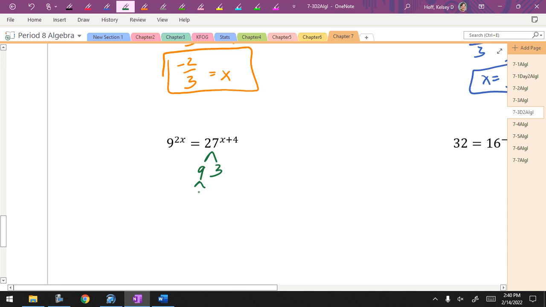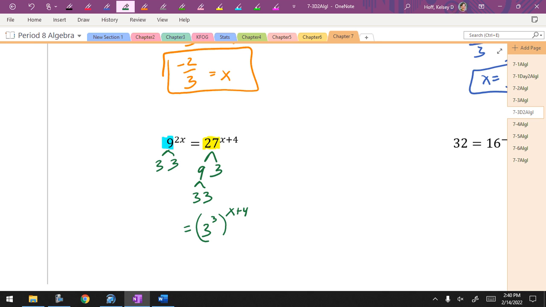So 9 has to be split again. So really 27 is going to be changed out to be 3 to the 3rd, but then that's raised to x plus 4. And 9 is really 3 squared, but then we have to remember there's the 2x.